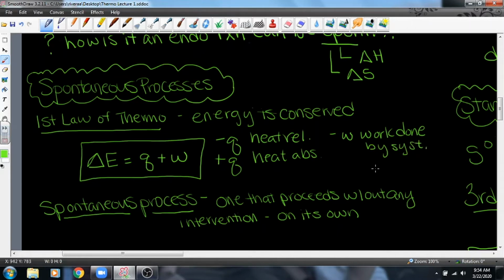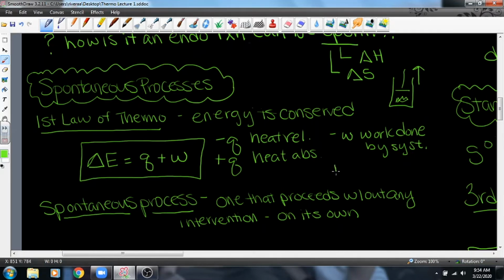on the surroundings. Like the expansion of gases, so if you have this piston here and this reaction is taking place and it causes that piston to move up against the atmospheric pressure, this system, this reaction was doing work, so work done by the system on the surroundings, on the atmosphere.